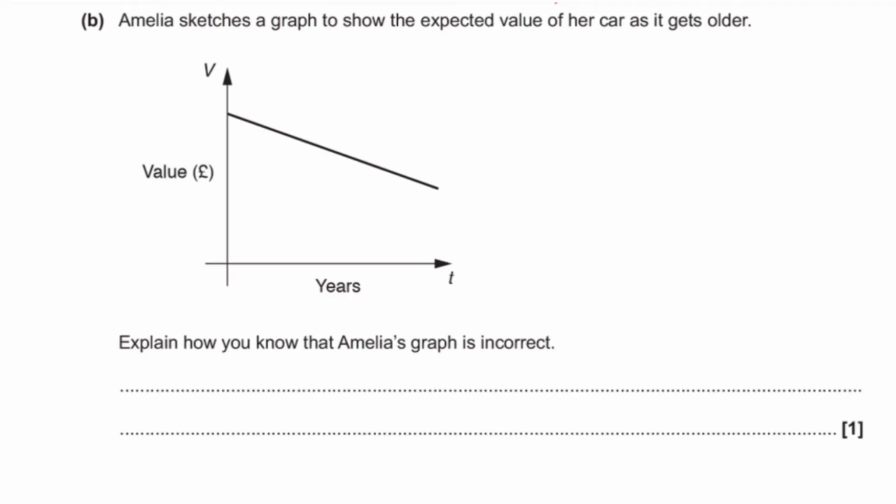Part B says Amelia sketches a graph to show the expected value of her car as it gets older. So she's got a linear graph here, hasn't she, with the value of the car falling in even increments each year. Explain how you would know that Amelia's graph is incorrect. Well, we'd be expecting some sort of exponential curve, wouldn't we?